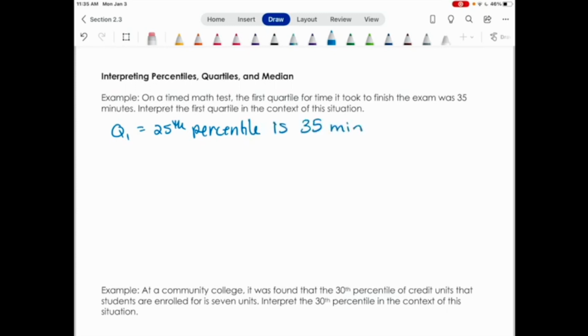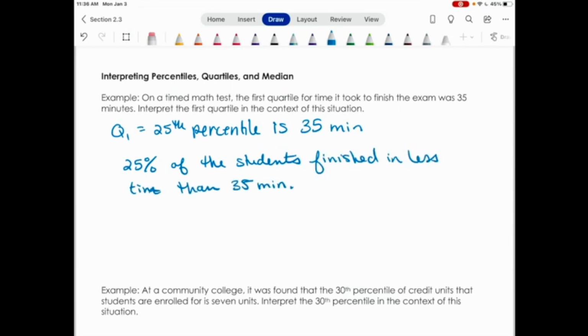That means if I listed all the data values in increasing order from smallest to largest, we know that 25% of the students finished in less time than 35 minutes, because remember, percentile is the values that are less than 35.